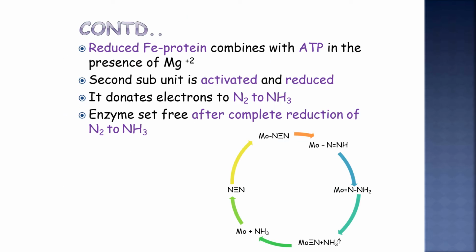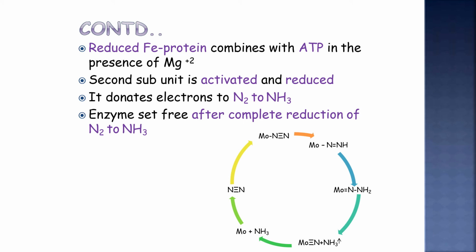This reduced iron protein combines with an ATP molecule in the presence of magnesium ions. The second subunit is activated and reduced.